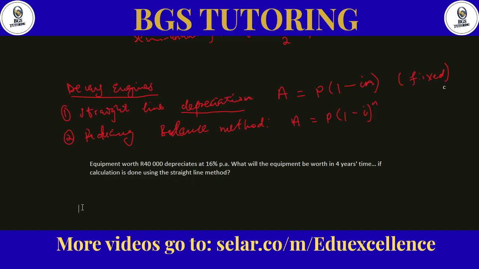We're saying, how much will this equipment be worth when it keeps on losing its value just like that over the period of 4 years? So what is the data that we have? We are looking at the starting value, the principal amount. The starting value is 40k.